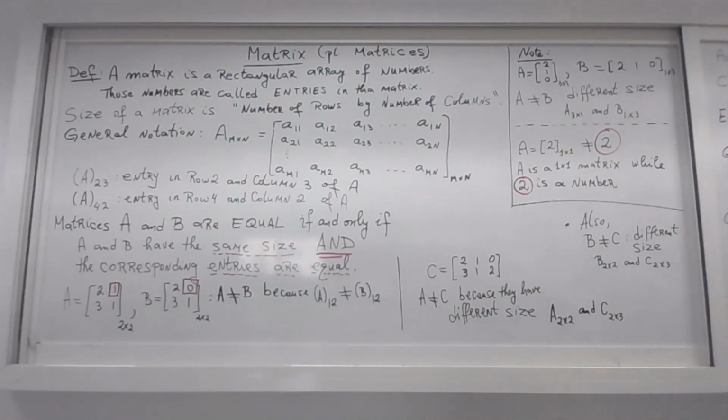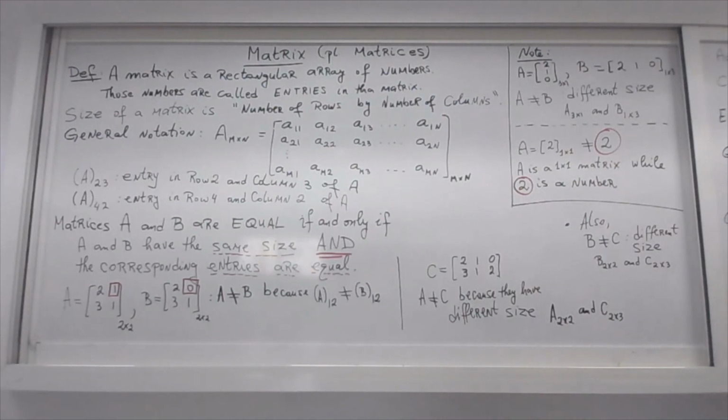So you see the size is different, even though the content is the same, if you wish. The numbers inside are 2, 1, and 0, but the size of matrix A is 3 by 1, and the size of matrix B is 1 by 3, so the size is different, therefore the matrices are different. Very important: size is a super important thing.